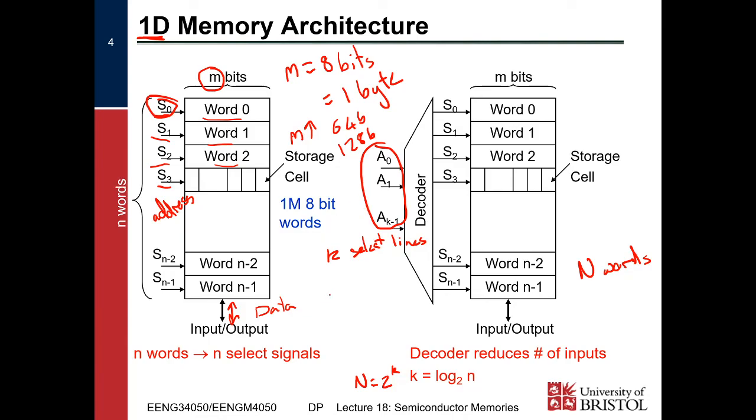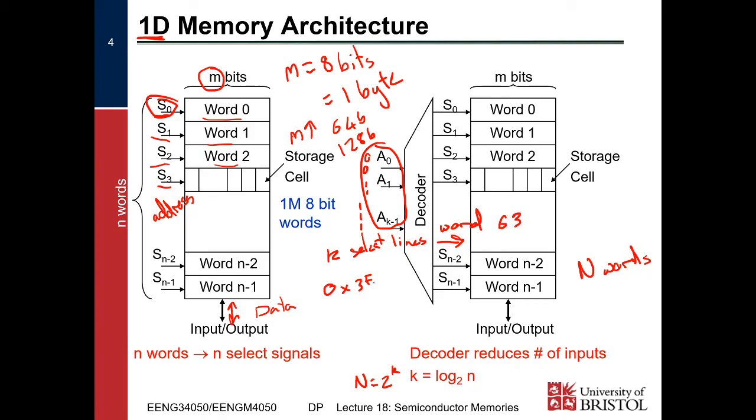So if your pointer had the value 0x3f, these ones would have the values 0011, 1111, presuming we've got an 8-bit address, and then that would go to word 3f, which is 3 times 16 is 48 plus 15, 63.